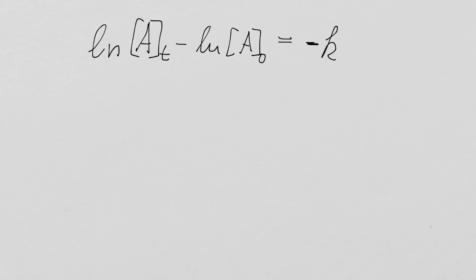We said it's ln A_t minus ln A at the starting time equals minus k times (t minus t0).